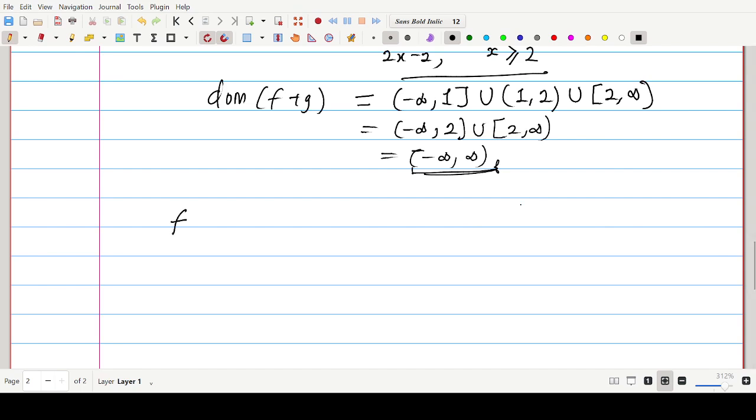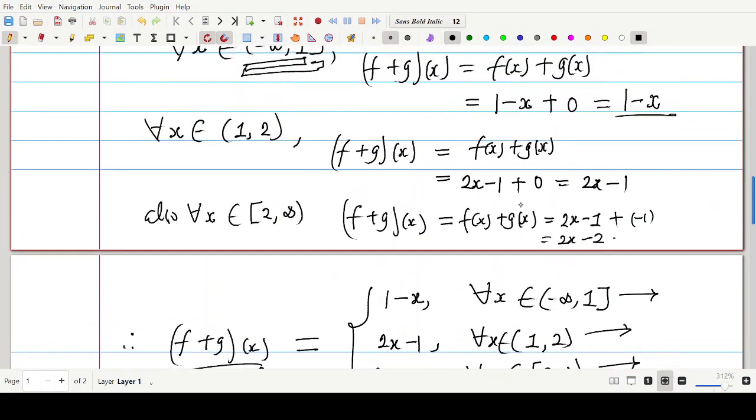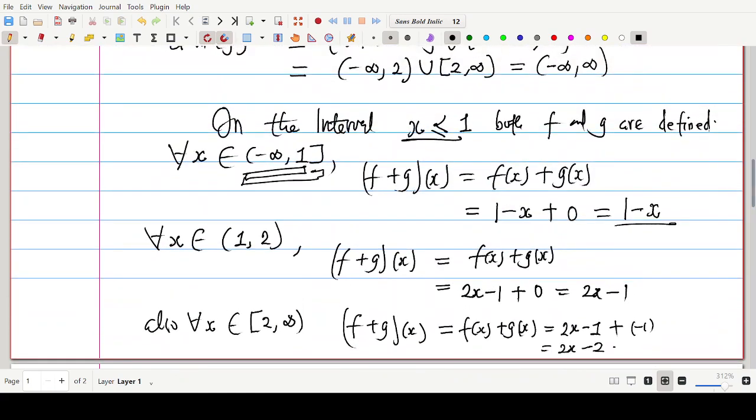Now f minus g of x is easy to guess now. Let me show you. Instead of writing this, can you see that? I'll put f minus g in the place of f plus g. And in the definition, we'll be having f of x minus g of x instead of f of x plus g of x.